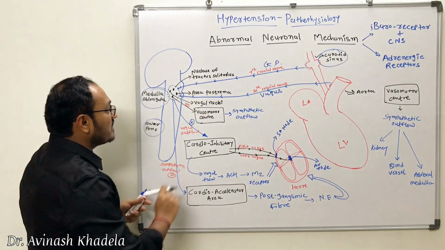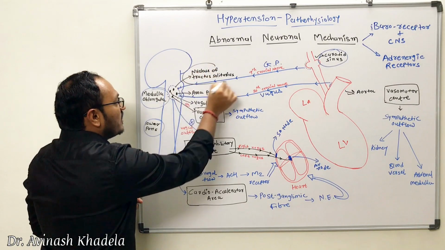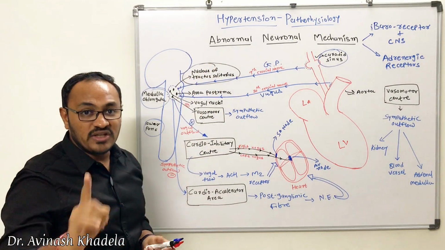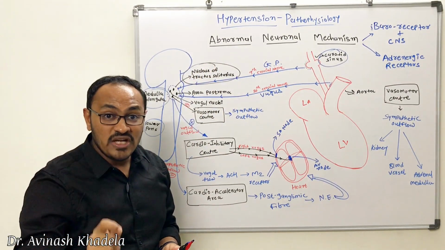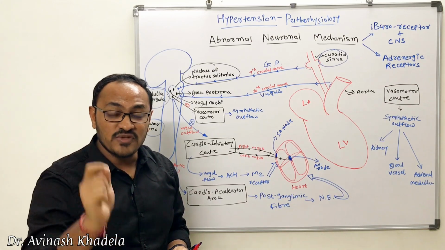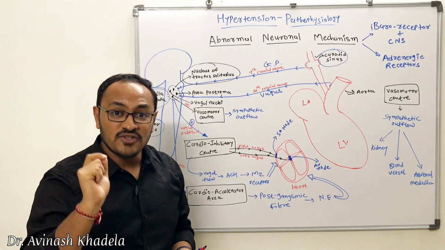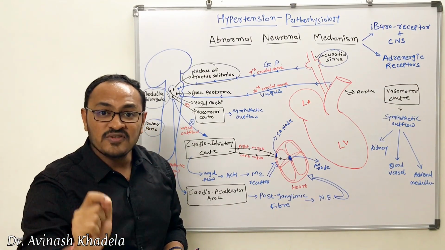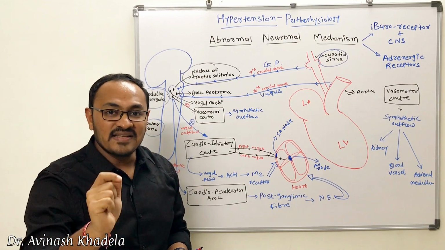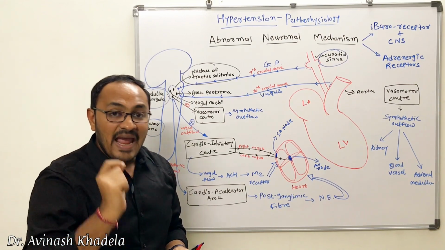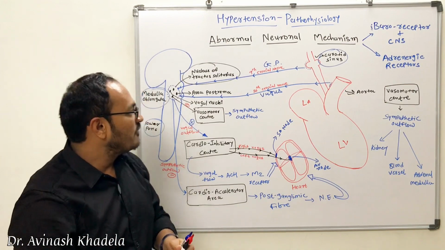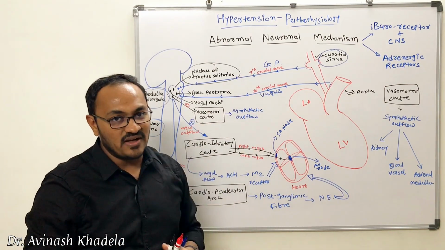The first one is known as the nucleus of tractus solitarius. This nucleus, also known as the solitarius nucleus, is responsible for sensing changes in blood pressure and receiving the signal from the 9th as well as 10th cranial nerve.